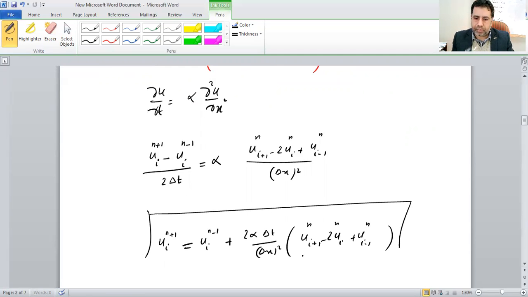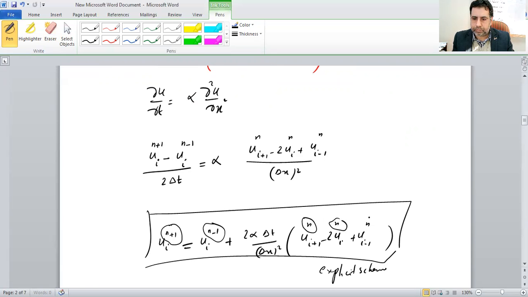Again, this is a kind of explicit scheme, as this new solution depends upon the values from the previous time levels.